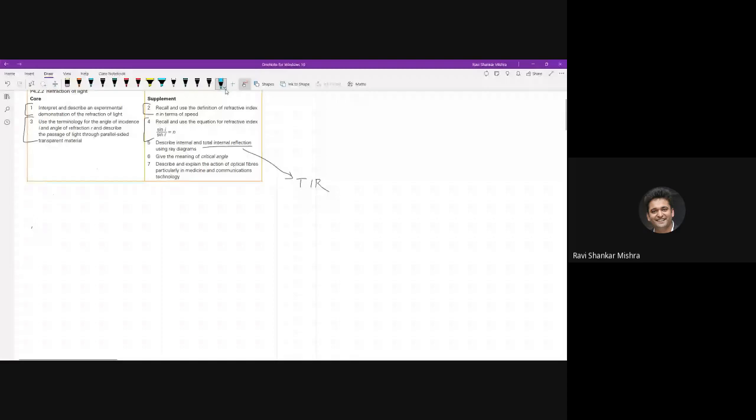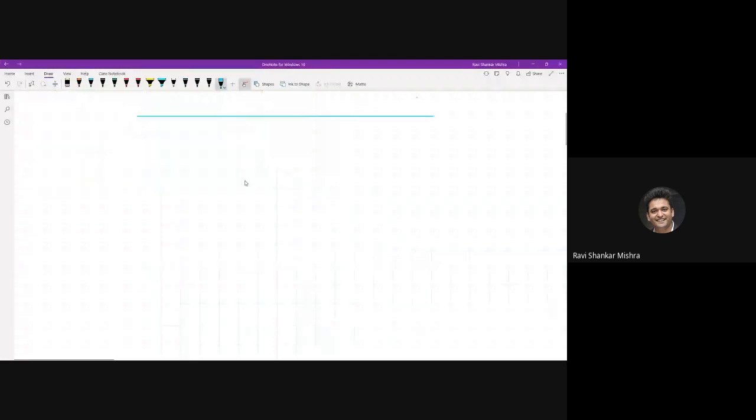What are those criteria? Whenever the light ray, first criteria, you need to note down: the light ray moves from a denser medium to a rarer medium.